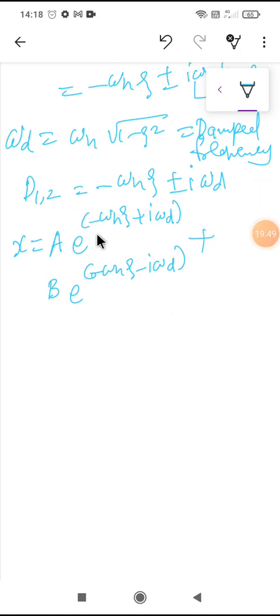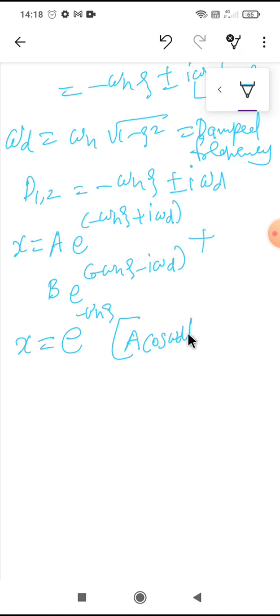If there are complex terms in this solution, we can directly write it in such a manner that, taking e raised to minus omega n zeta as common, a cos omega d t plus b sin omega d t. So this is the solution when there are complex terms.